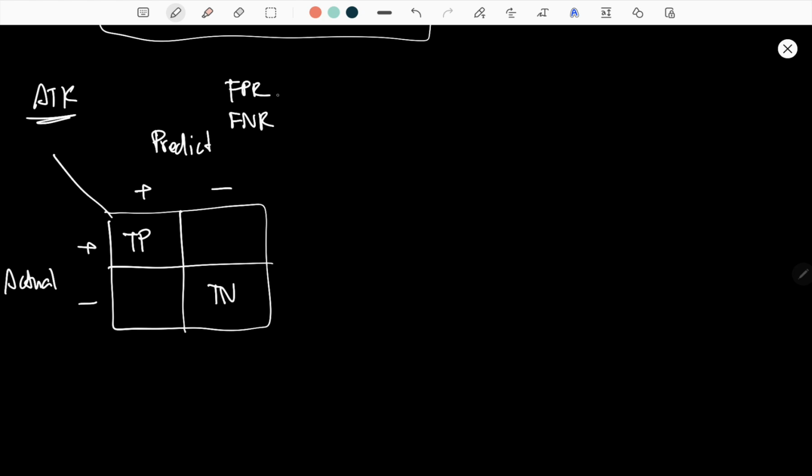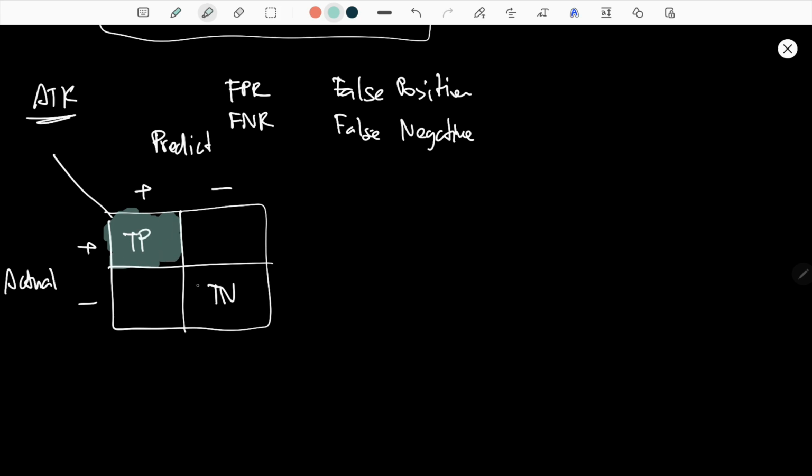Okay, so many people talk about the words false positive and false negative. This is the part that is correct here, and this is the portion that is incorrect.